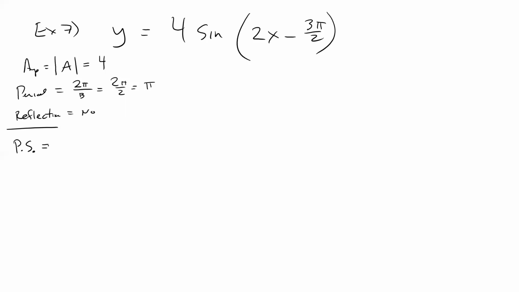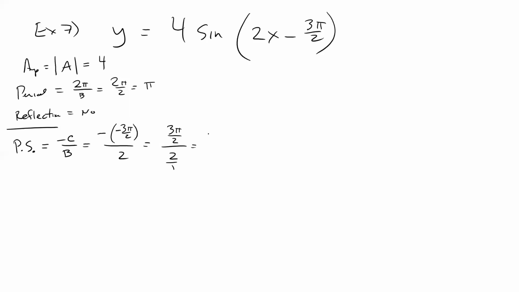And it's going to go like this. It's going to go with negative C divided by B. So negative 3 pi over 2 divided by 2. Wait, wouldn't it be negative 3 pi over 2? I said it, just didn't write it down. Yeah. Okay, negatives cancel out.